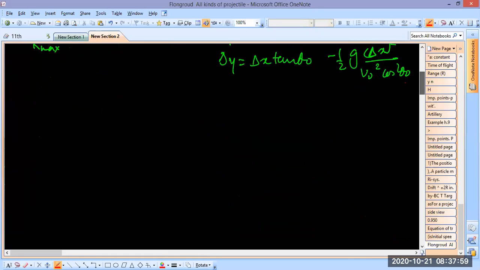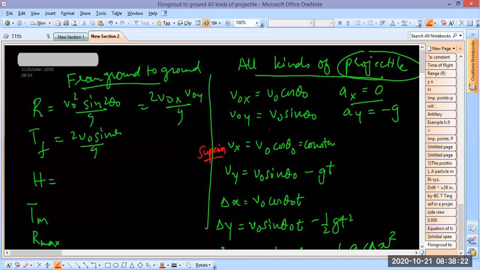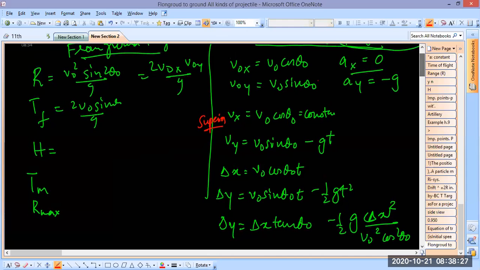Because if the question is asked like this, everyone will know it. But if the question is asked differently, you cannot go straight, of course, but like this, right? I hope you understood what I'm saying. So for these kinds of situations, you need to know all these formulas. And there is nothing to memorize here. I hope all of you understand. From here to here, everything is just equations of kinematics, right?